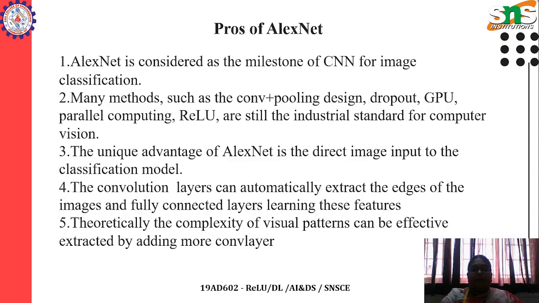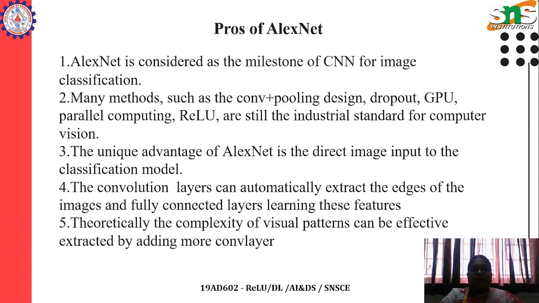The unique advantage is direct image input to the classification model. We give direct pixel images as input, the layers automatically extract the edges of the image, and the fully connected layers learn these features.